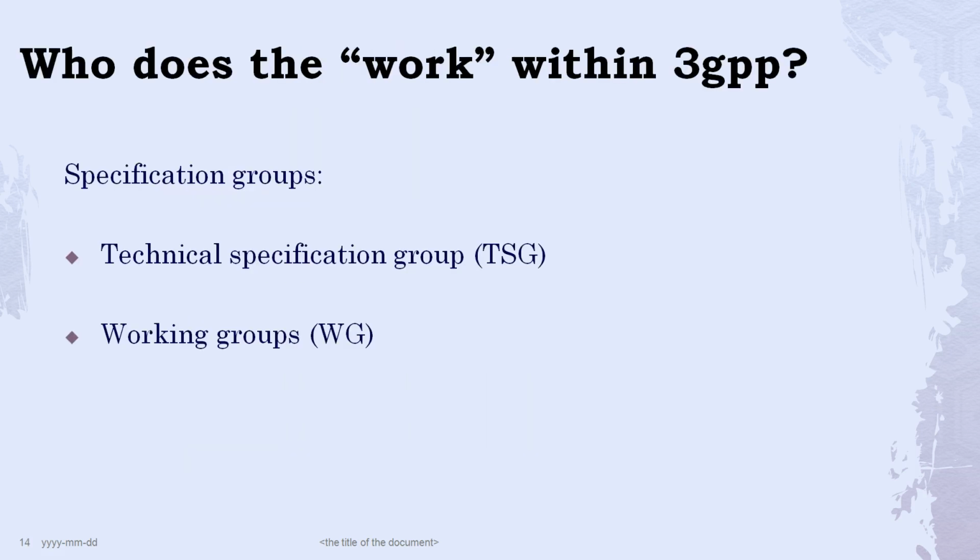So here's a little bit of talk about who really does the work within the 3GPP. As I mentioned before, we have the TCGs and the working groups, which are the 2 main providers of the different releases.